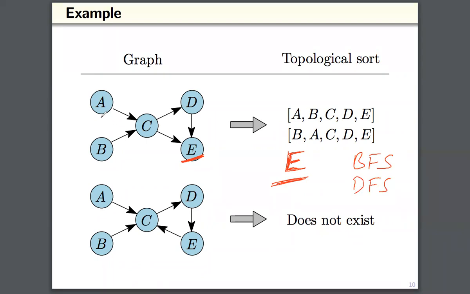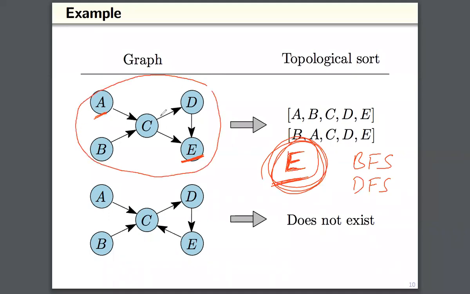If I explicitly state that you use the alphabetical ordering, only then you must start from A. If that is not given, you can also start from E. Think about this as a Facebook graph or Wikipedia graph. Is there any rule that restricts you from starting from the E web page? No, you can start from this web page or this profile, right? You can start from any profile.